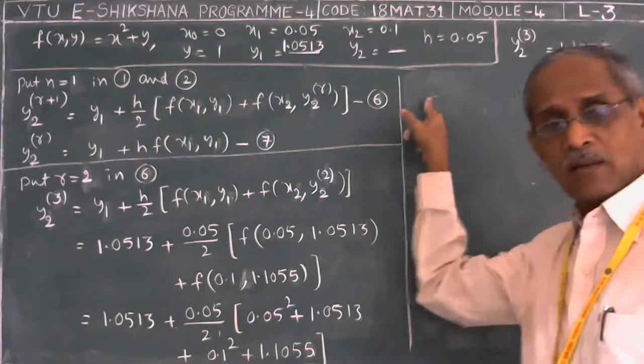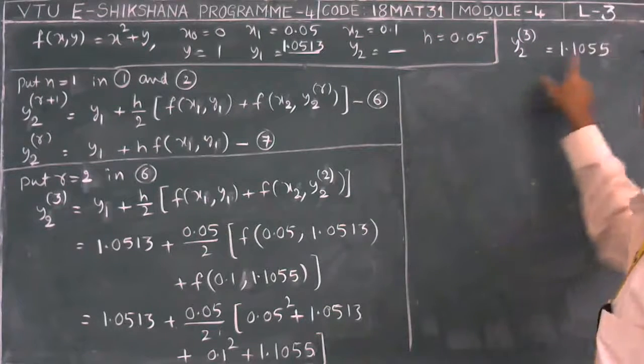The third iterative value is also 1.1055.